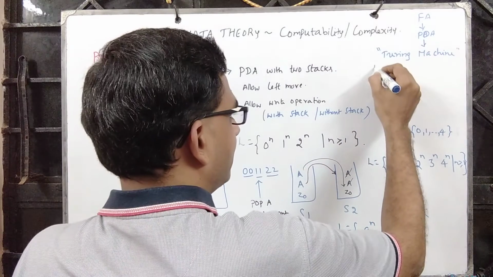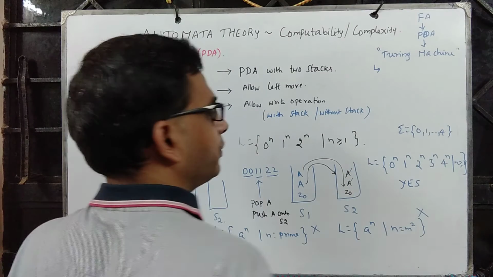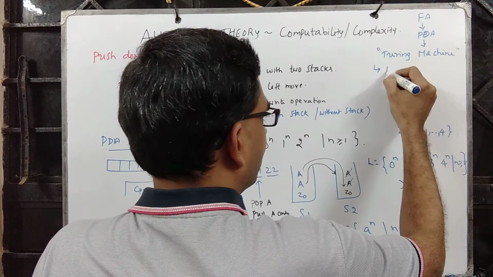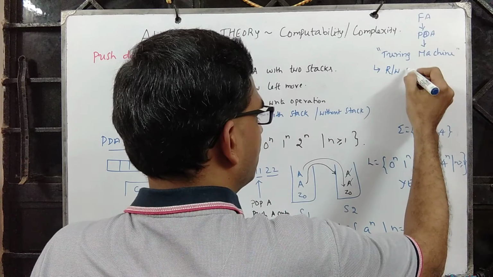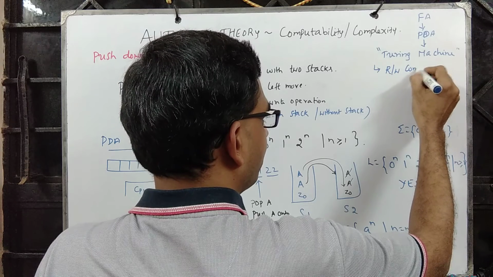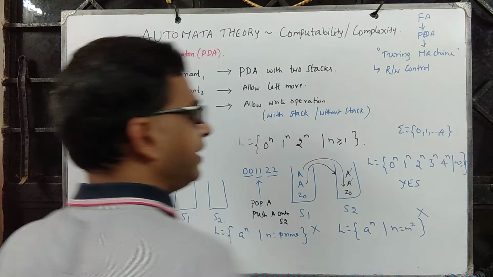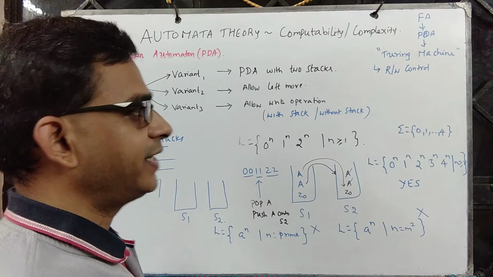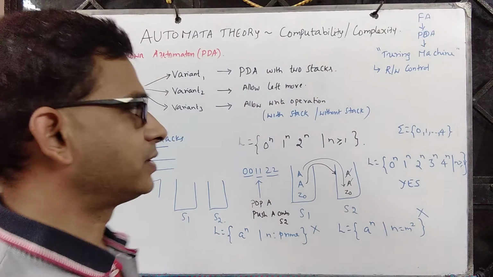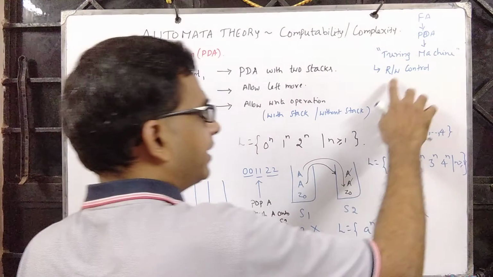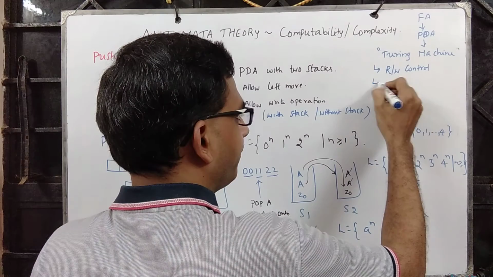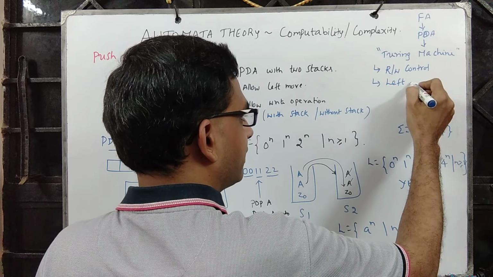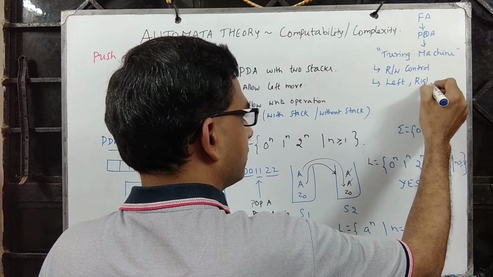So this machine, similar to finite automaton and PDA, wherein the control is read-write control, which means it can read a symbol and it can also perform write when it reads a symbol. So both read and write are possible with the input tape, and read control can move both left and right.